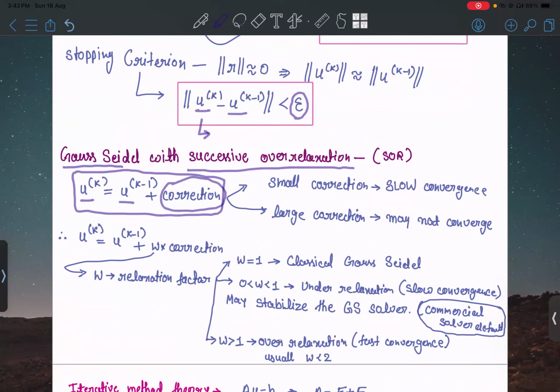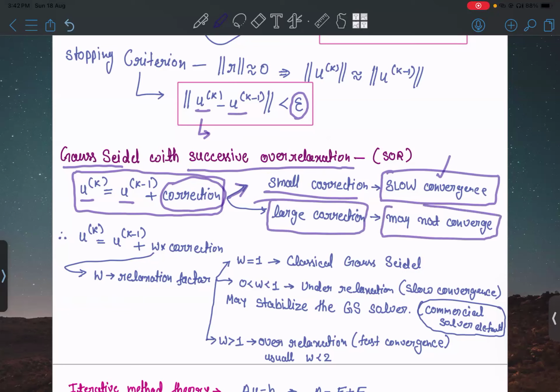If this correction is small, our equation will converge very slowly, which means I will need a large number of iterations to solve the problem. Similarly, if this correction is very large, then it may happen that my equation may not converge. So these two problems may arise.